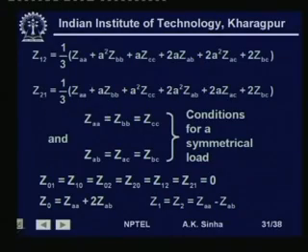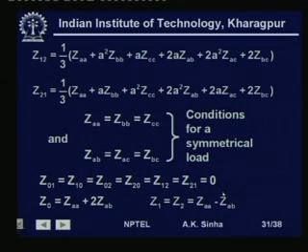If we put ZAA is equal to ZBB is equal to ZCC, that means the self impedances are the same, and similarly the mutual impedances ZAB is equal to ZAC is equal to ZBC, then what we get is a symmetrical 3-phase load, and in that case we will find that Z01, Z10, Z02, Z20, Z12, Z21 all become 0.